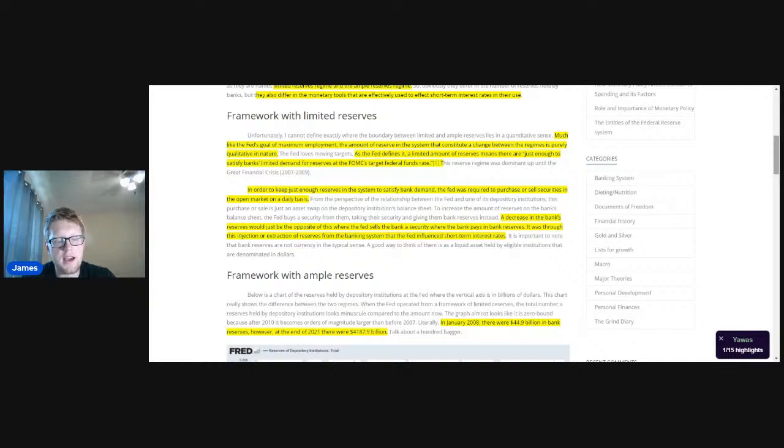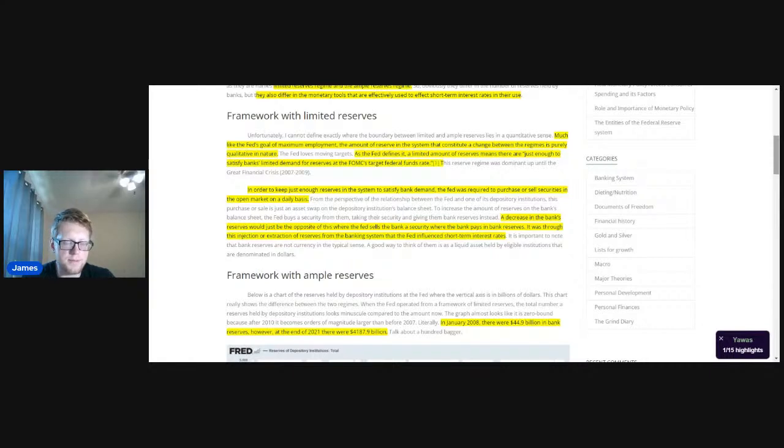Because if they have more reserves, they'll probably be more likely to lend at lower interest rates, because if someone defaults, they have more reserves to counter that. If they have less reserves than usual, or reserves are taken out of the system, that affects the amount of lending the bank can do.